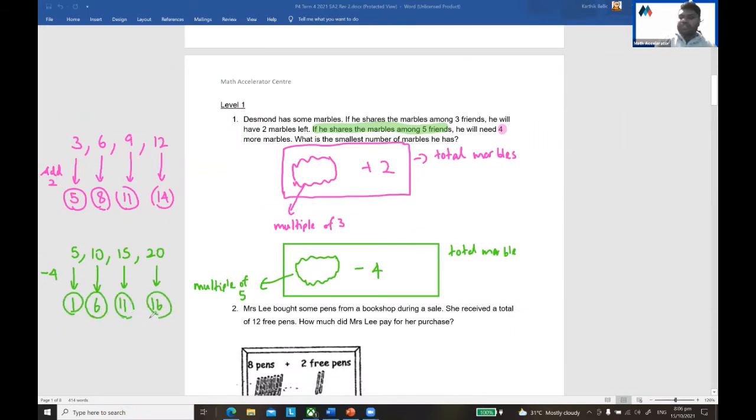In these two scenarios, which one has the same number? 11, right? Therefore, you can conclude that the smallest possible number of marbles is 11.